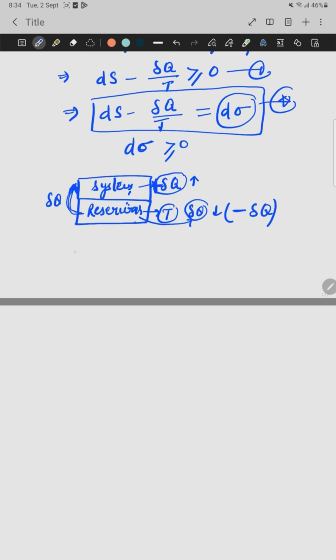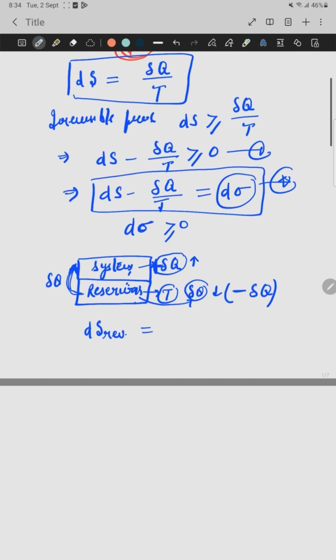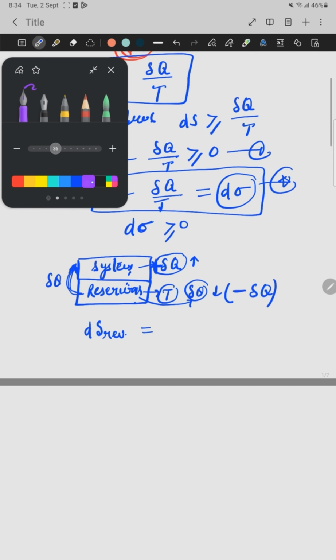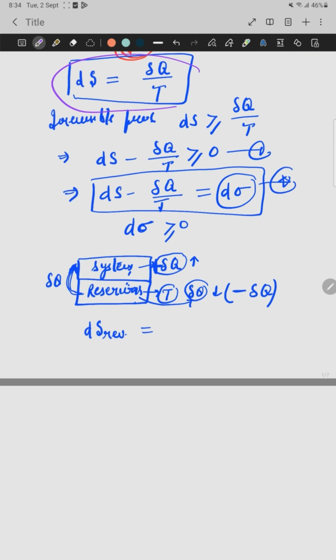So for this system, the entropy of the reservoir, by the same relation, is đQ amount of heat divided by T, but since the reservoir transfers this amount of heat to the system, a negative sign is introduced here.